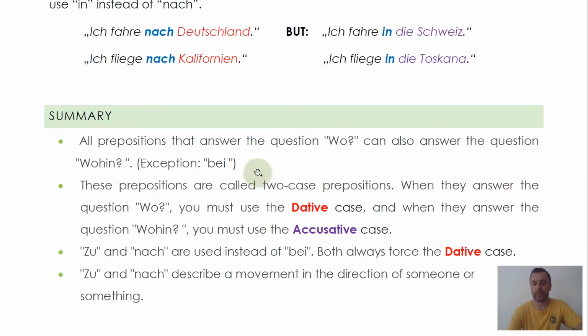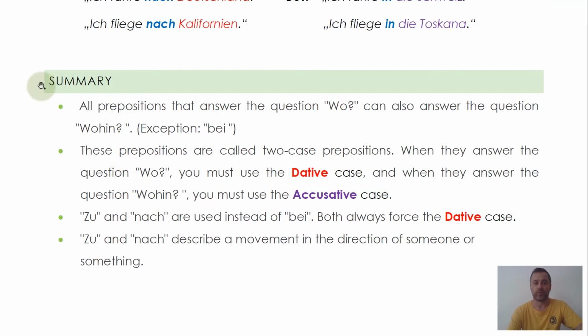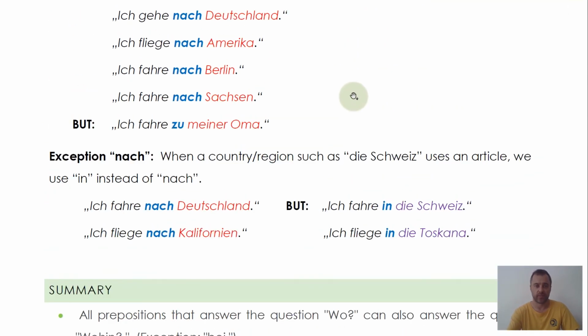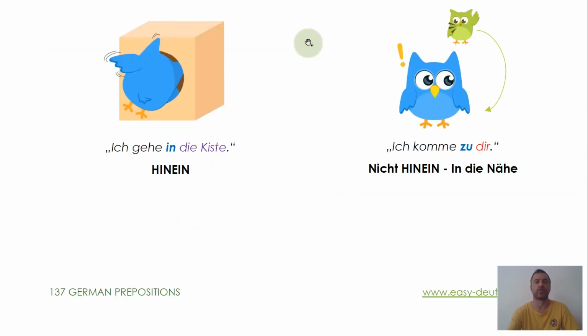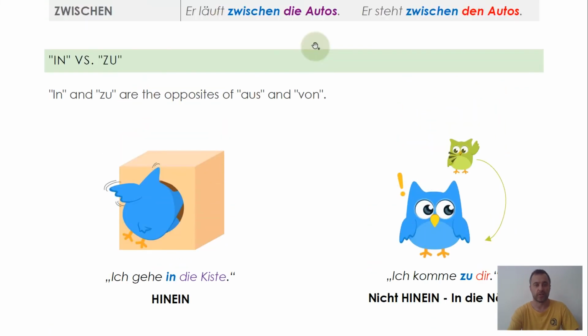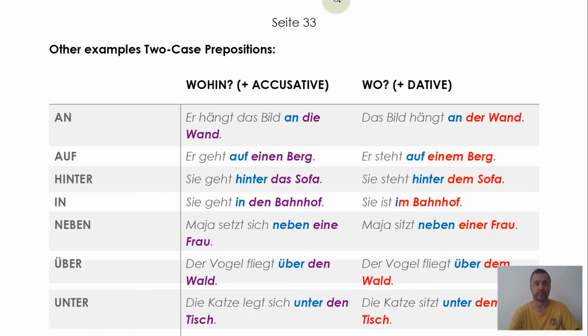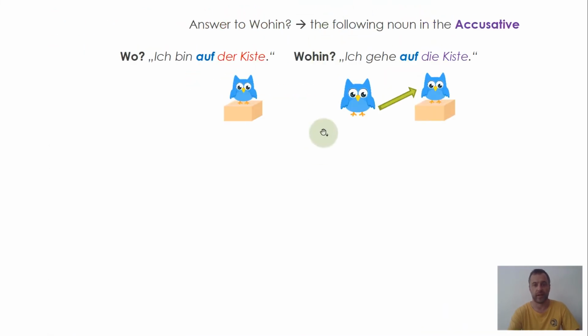So, short summary for the whole video. All prepositions that answer the question wo can also be used to answer the question wohin. Only exception is bei. Bei, we have to use zu or in instead, or nach, like I just explained to you. Everything else will just be exactly according to the location, the position that we are achieving after the movement has ended.